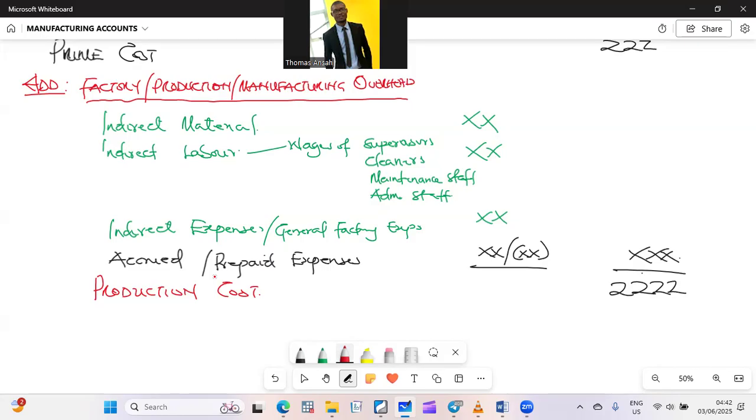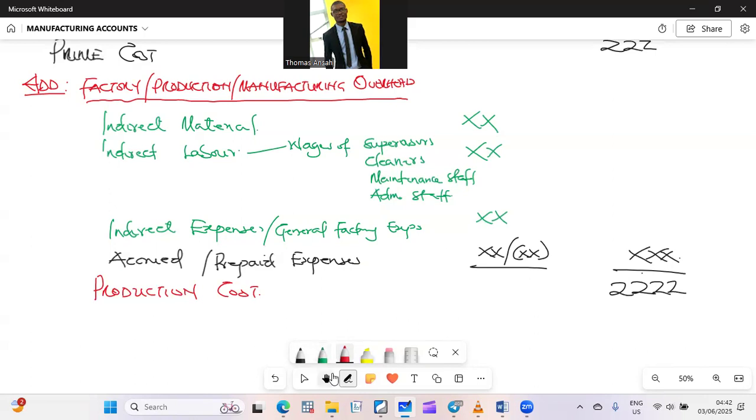You cannot sell those ones. So what we are going to do is deal with that aspect. And how do we deal with work in progress? What we do is add all the cost from last year in respect of those work in progress, and deduct those from this current year in respect of those work in progress.